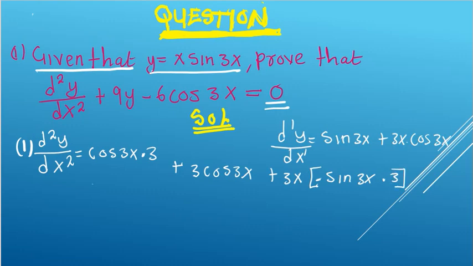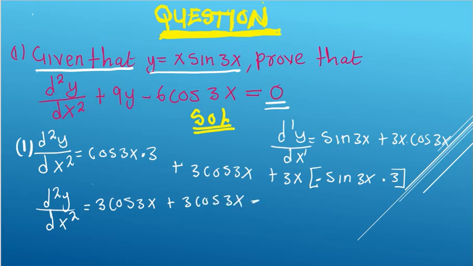Okay, so this means that d2y over dx to the power 2 is equal to, this is going to be 3 cosine 3x plus 3 cos 3x minus this 3 multiplied by this 3 is going to give us 9x sine 3x.